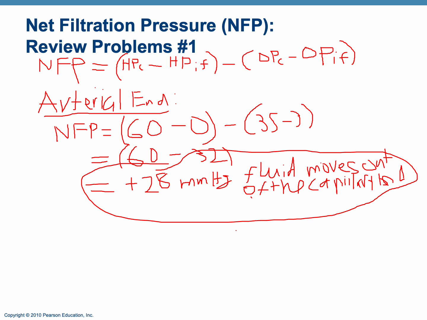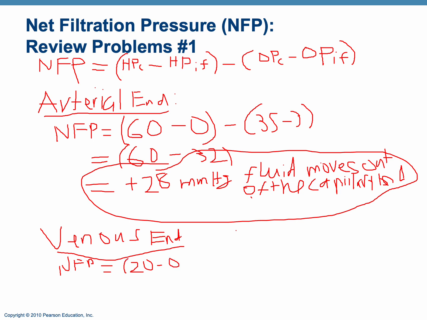Let's take a look now at the venous end. Let's see what type of value you got here. So NFP would be equal to 20 minus 0 in parentheses, minus in parentheses, 35 minus 3.